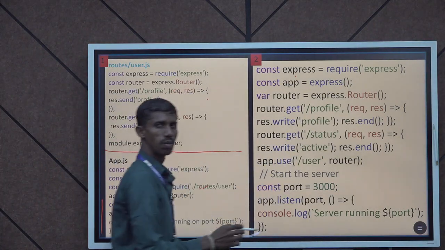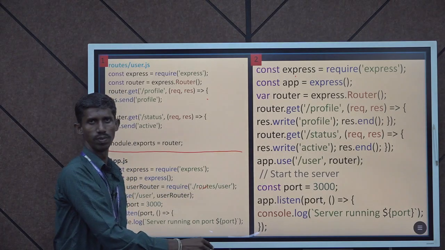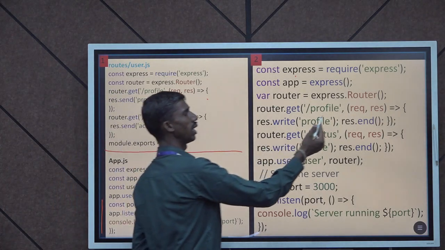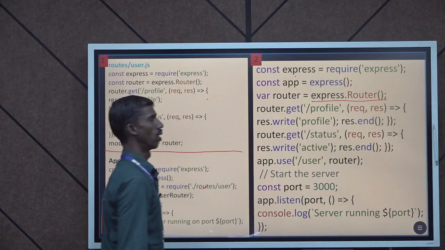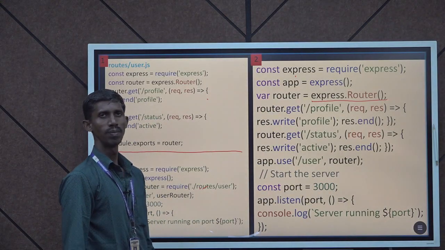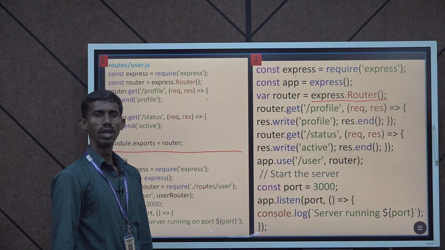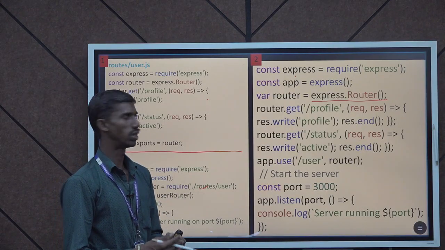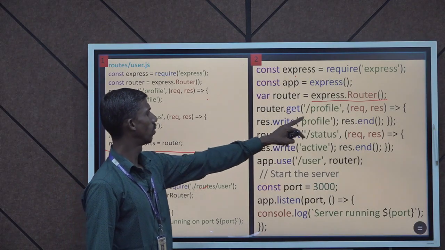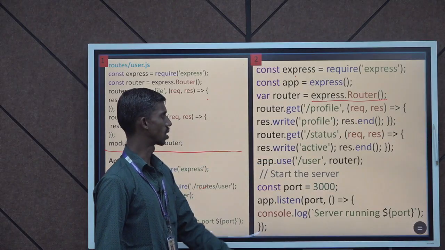In this example, Express router is used, but in a single page. Look, when you want to create an Express router object, we need to use express.Router(). This is a router instance. In that we can use all the HTTP methods: get, post, put, delete. In this router we have profile as well as status.